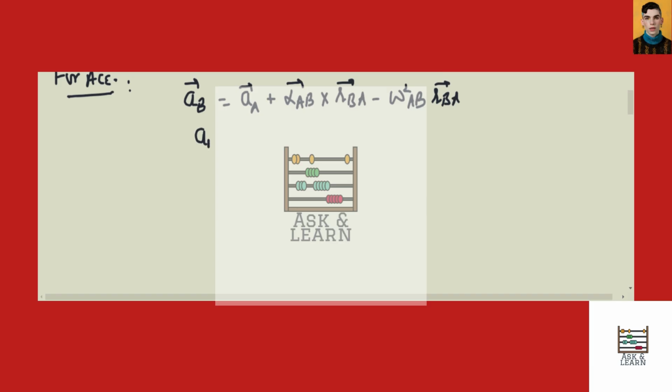So it can be written as minus omega square AB r_BA. Say this is equation number 7.